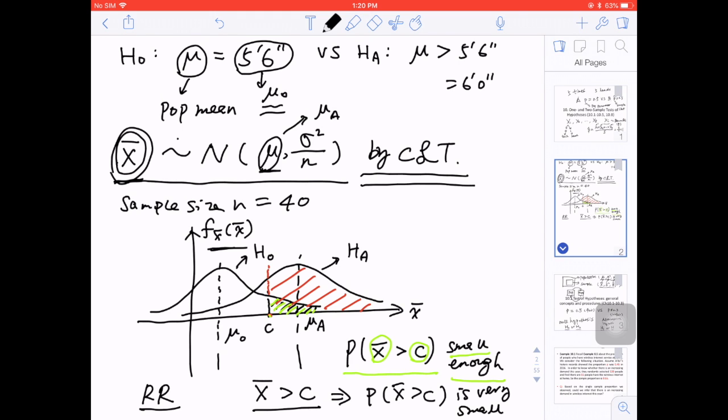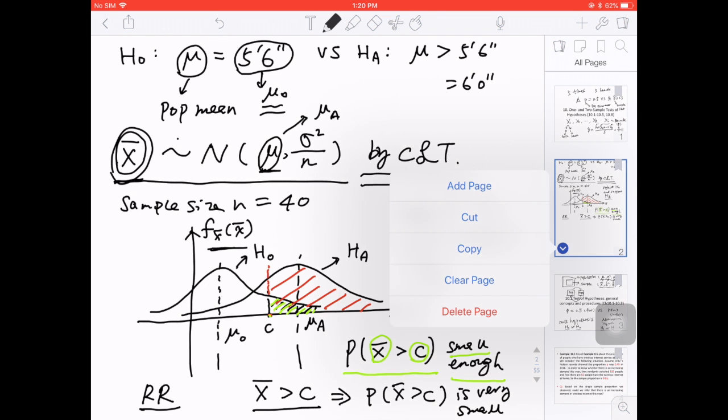Even if it happens, the probability is so small that we can ignore it. In this case, if your observed sample statistic falls into this rejection region, I'm going to reject the null hypothesis and support the alternative hypothesis.